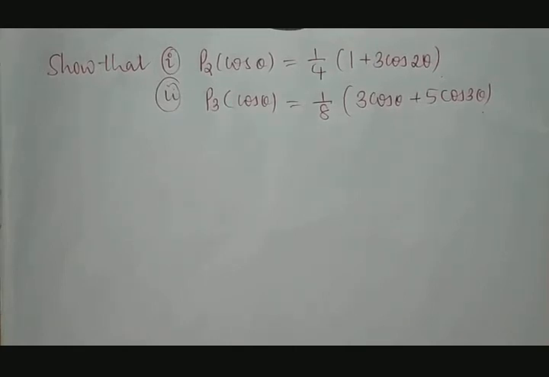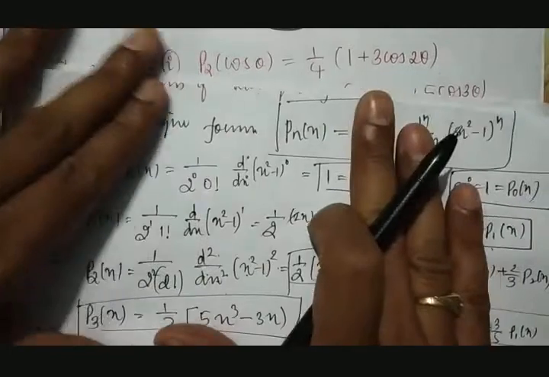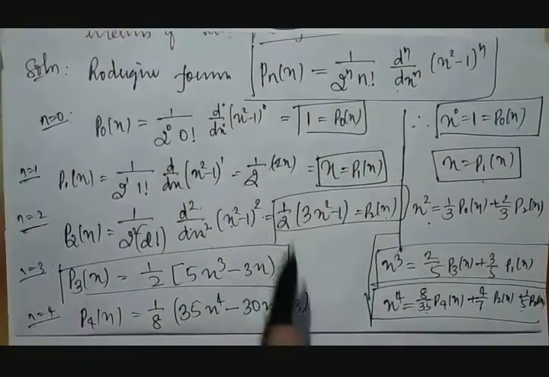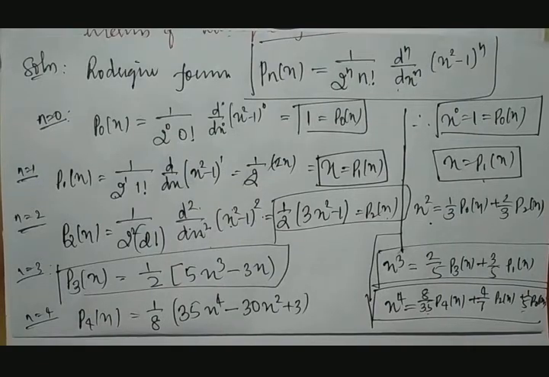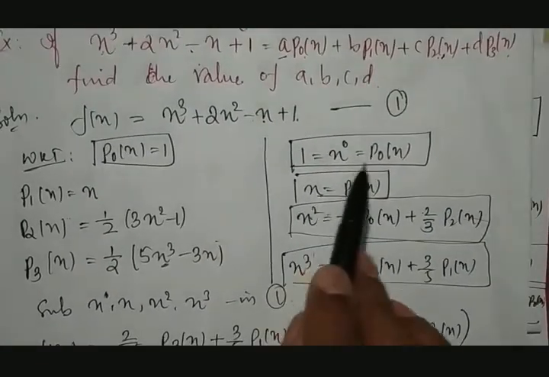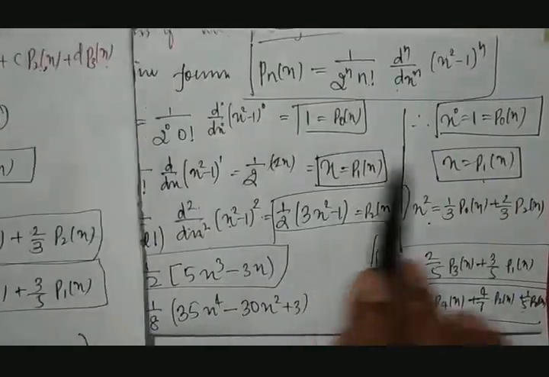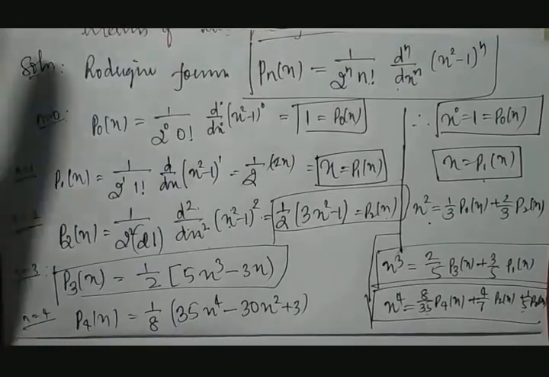Let us go through the results of the example which we solved in the previous video. As per that, we can see the results are here. If you use Rodrigues, then also we get these results, and if you use Legendre polynomial, then also we get the same results, exact results.